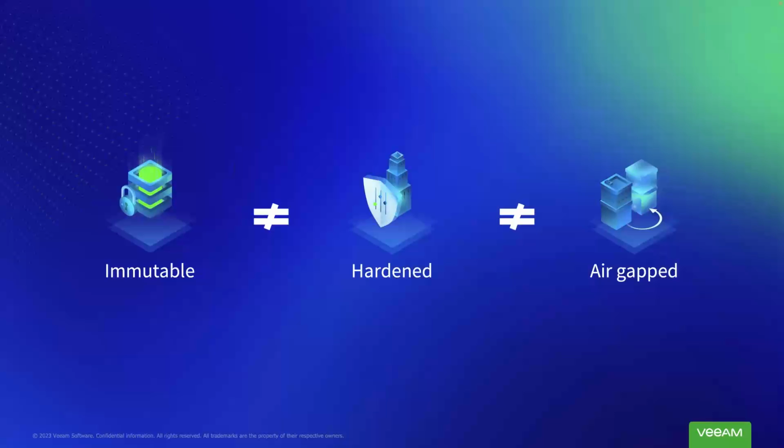Hardened is to make sure that your repository has a minimal, small attack surface area, right? You do not want to install your hardened repository with, for example, other services, right? If you are using a Veeam hardened repository, you just want to use it specifically for storing backup data, running only the repository services on that Linux machine, right?